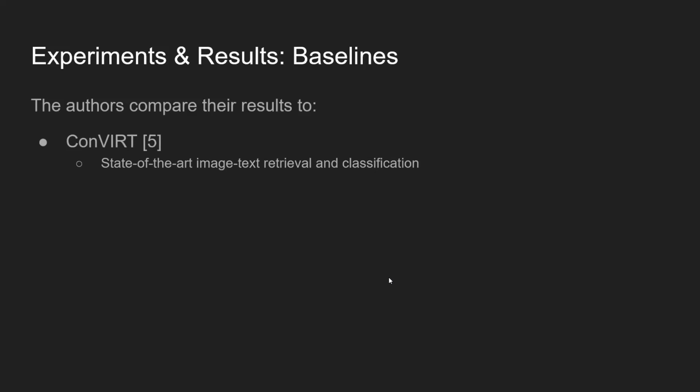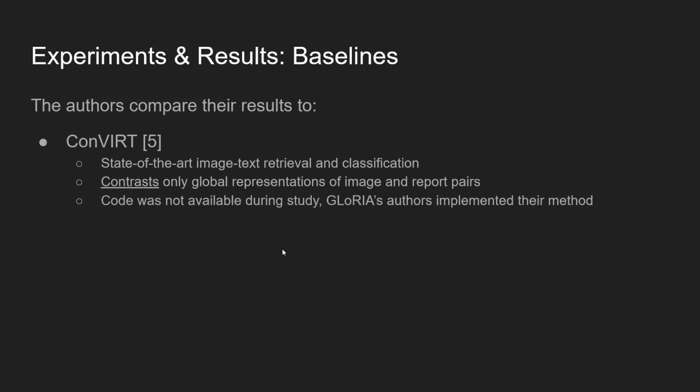So to start with their experiments and results, I want to discuss the baselines they used. They compared their results to ConVIRT, which is the state-of-the-art image text retrieval and classification model. It contrasts only global representations of image and report pairs, but the code was not available during the study, so GLoRIA's authors implemented their method.